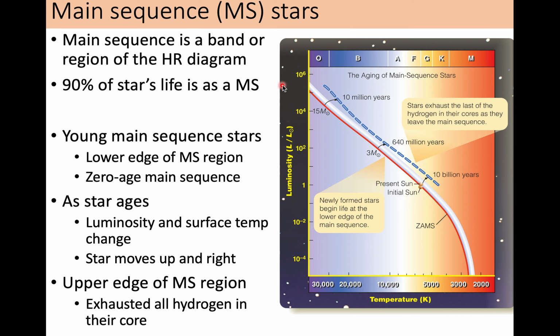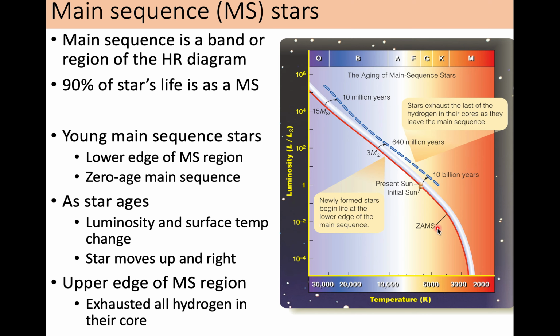So this main sequence region of our HR diagram, remember most of the star's lifetime is actually spent as a main sequence star. Usually 90% of the lifetime of the star, it's a main sequence star. So our young main sequence stars are on the lower edge of the main sequence.